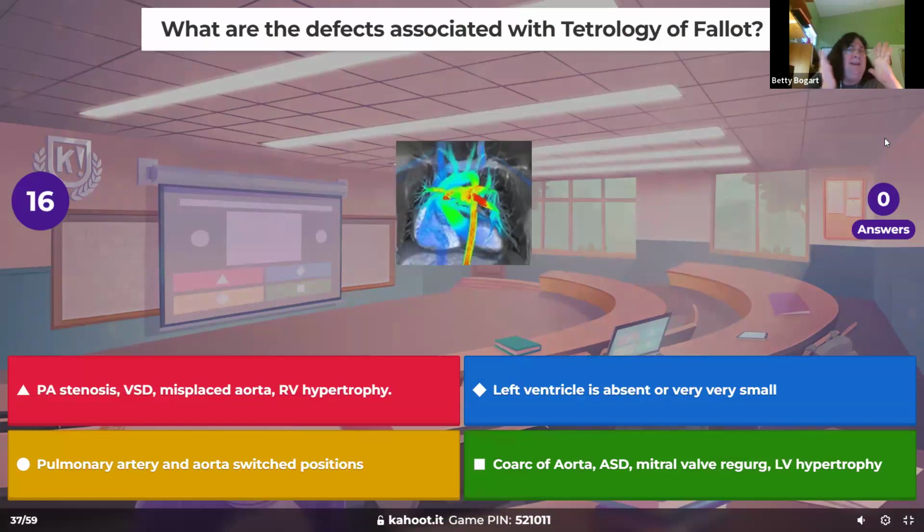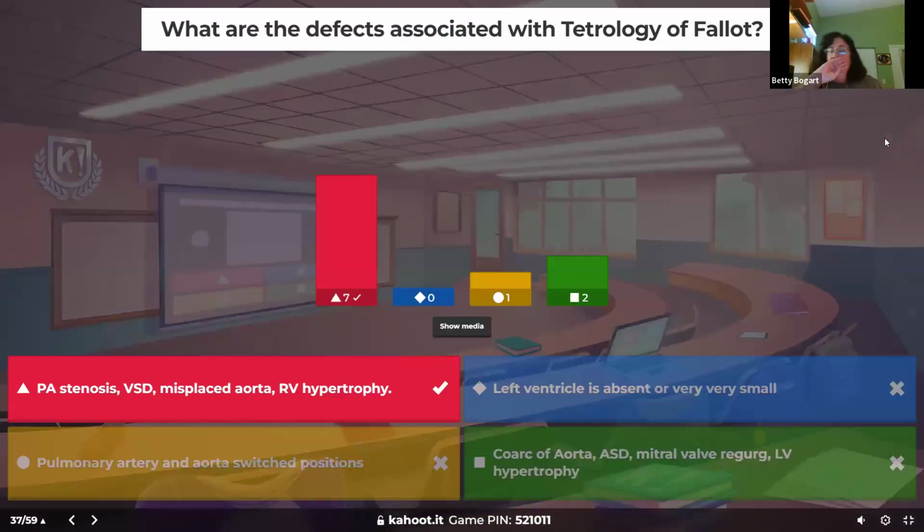I told you right side. Remember, it's the pulmonary artery that gets stenosed. It's that VSD, the aorta comes over and that right ventricle gets stretched.